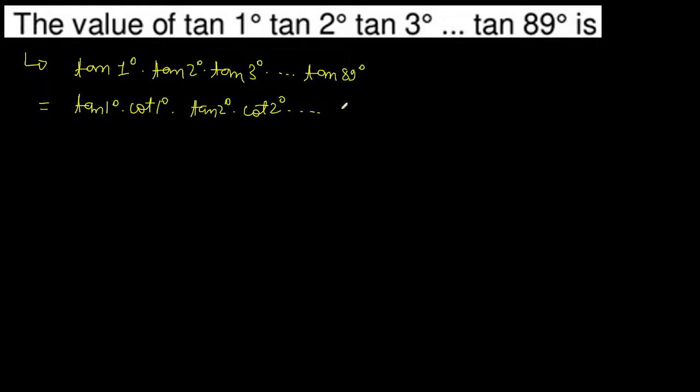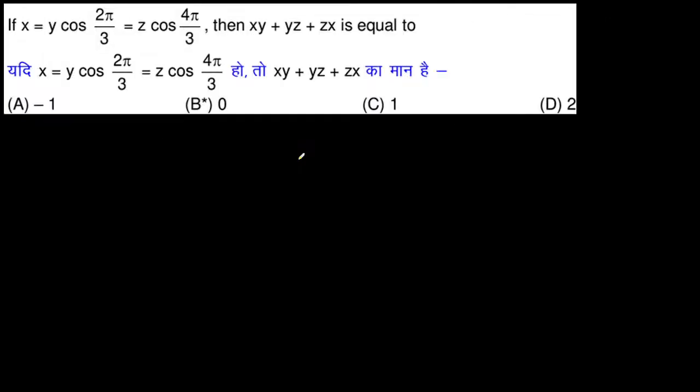It will keep on going. Finally, you will be having tan 44 degree, cot 44 degree, and the last middle term will be tan 45 degree. Tan theta into cot theta is 1. Tan 2 theta into cot 2 theta is 1, 1, 1, 1, and tan 45 is 1. Overall, it is 1. You got it? Let's move on.